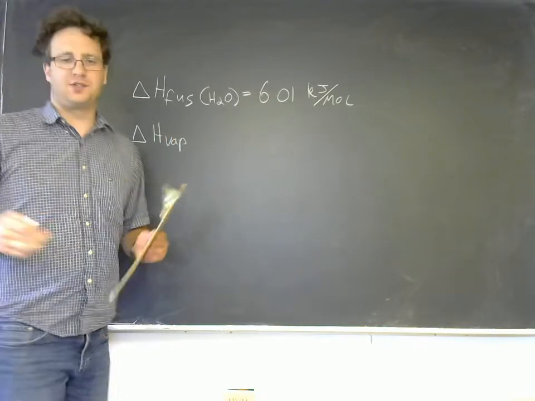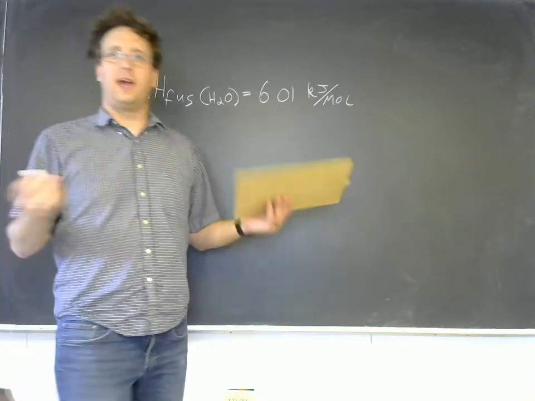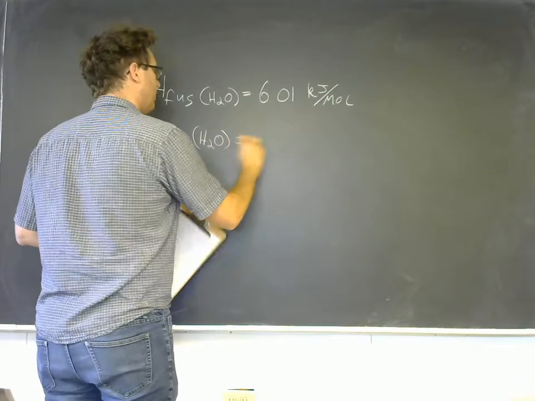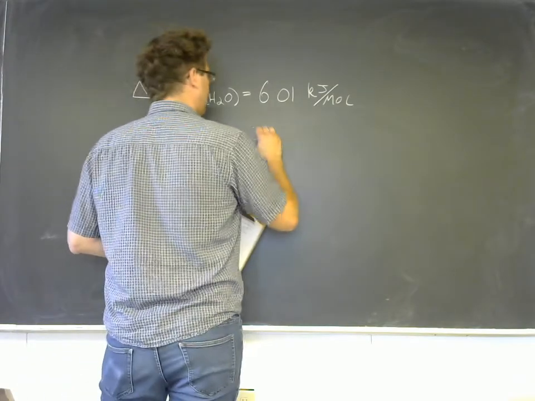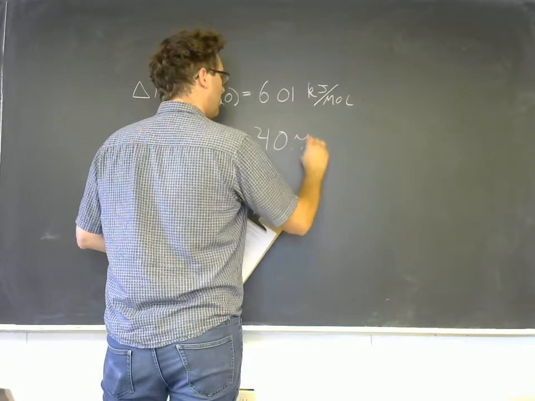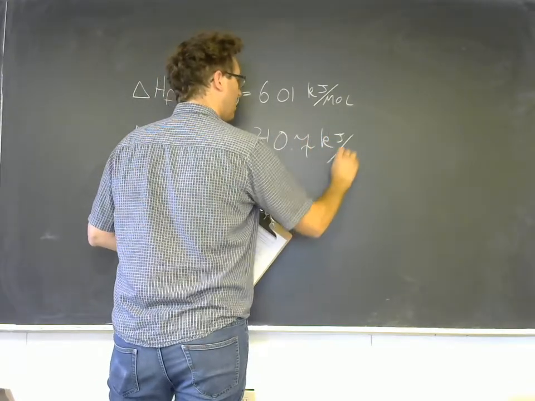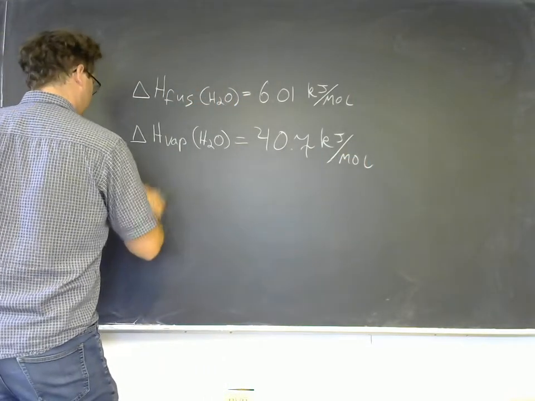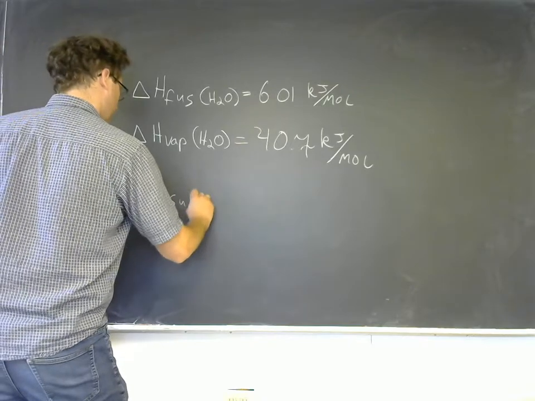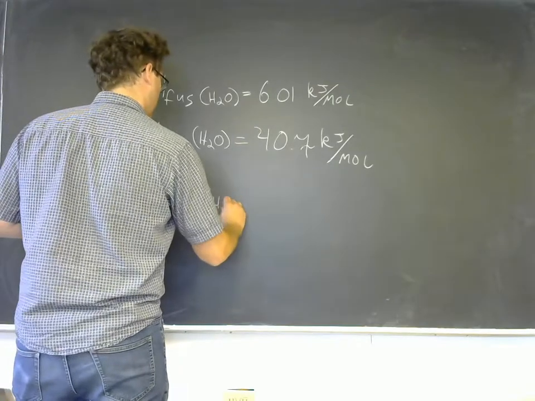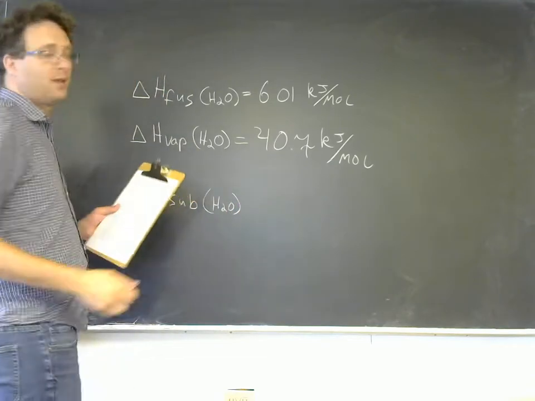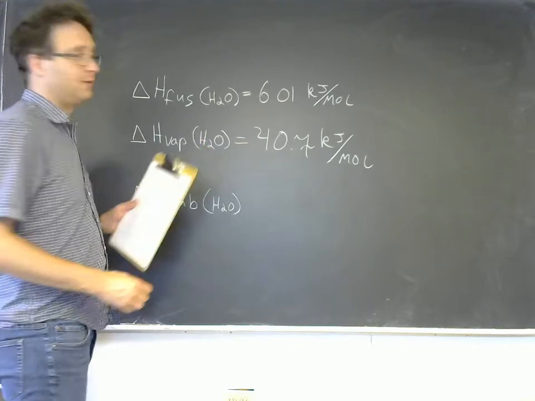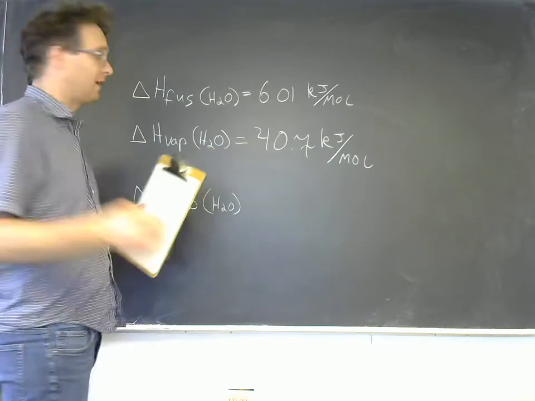And then we can have a delta H of vaporization. That's how much energy is required to go from a liquid to a gas. And in the case of water, it's 40.7. And then we'll have a delta H of sublimation, if you go from a solid directly to a gas.